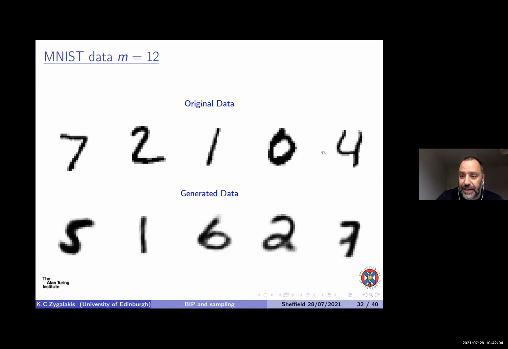These are some original data, okay, and these are some new data generated by this procedure. So as you can see, this construction that I told you has done quite a good job in terms of learning the probability distribution of the images here.